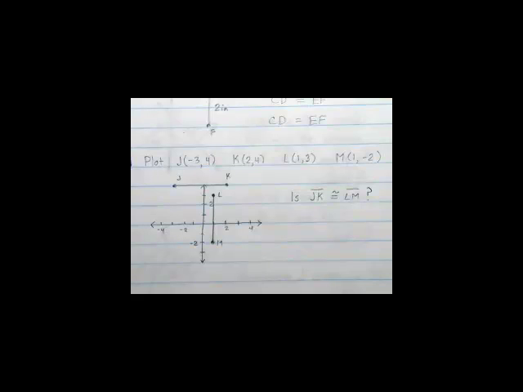So, how can we do that? If they are congruent, what should be true? Should be the same length. Can we figure out if they're the same length when they're on a coordinate plane like that? Certainly. So, JK. How long is JK? Yeah, 5.